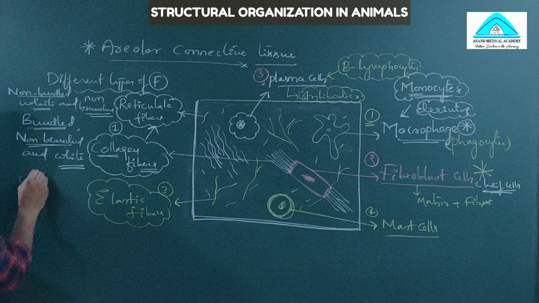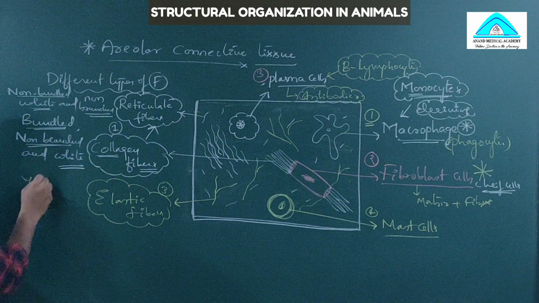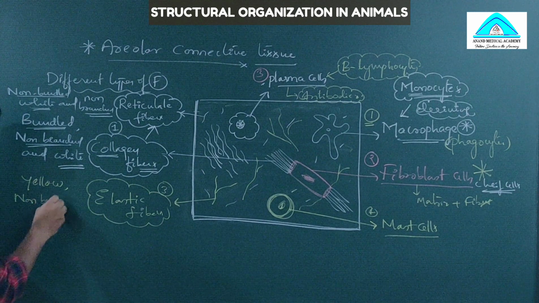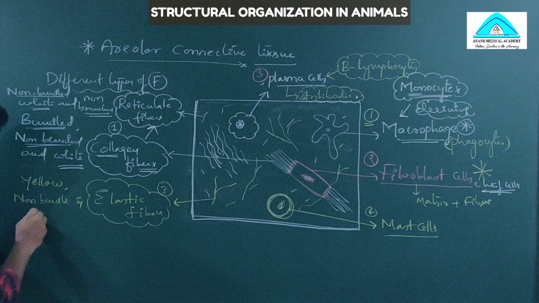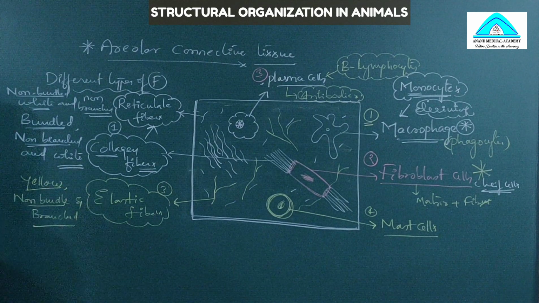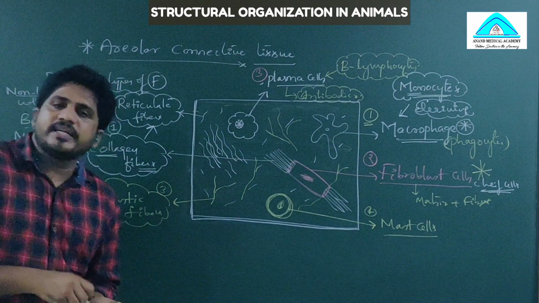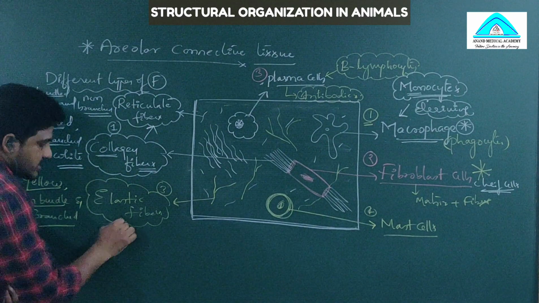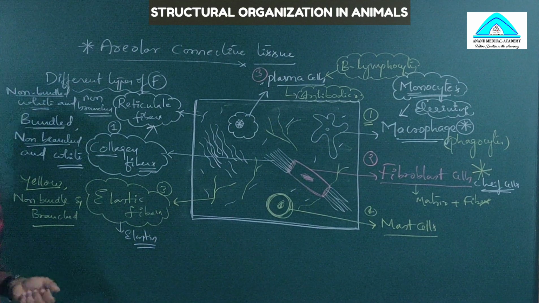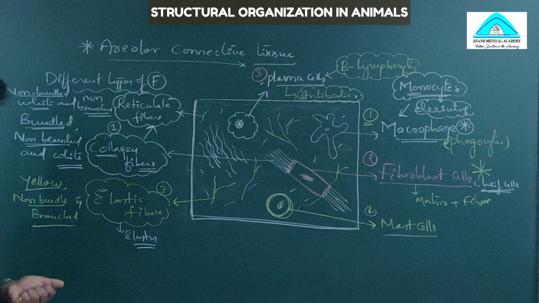Elastic fibers are yellow color, non-bundled and branched. So these are the properties of elastic fibers. The protein present in elastic fibers is elastin protein. Elastin protein gives some flexibility so that it is stretchable in nature.